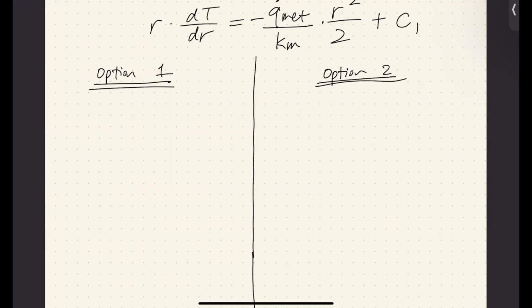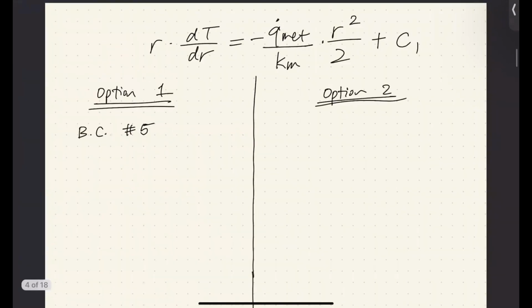We can use the boundary condition that we just determined, okay? We know the dT/dr at a specific place. Remember, we said the C1 is a slope boundary, because when we move the r over, that's when you'll see its slope. We talked about this.